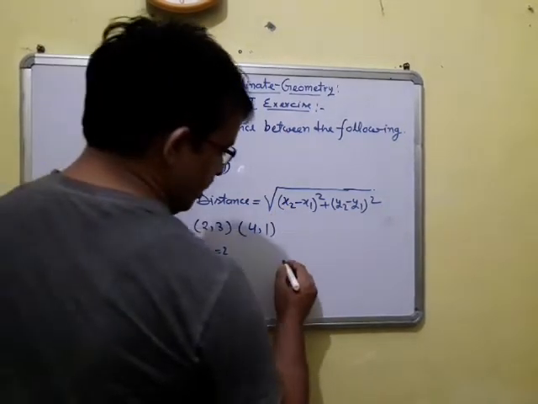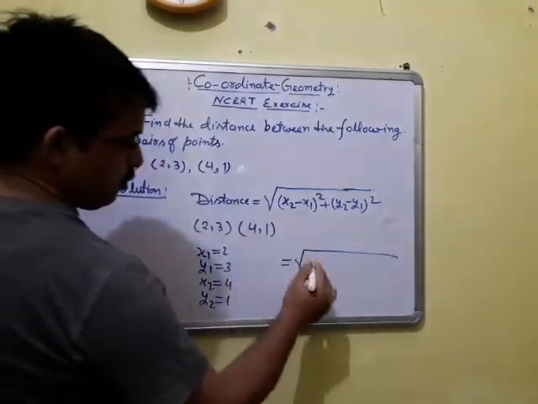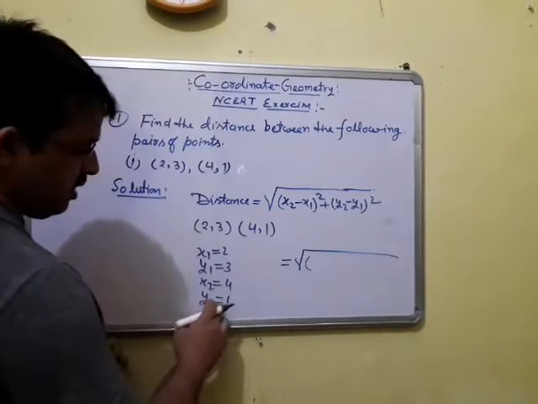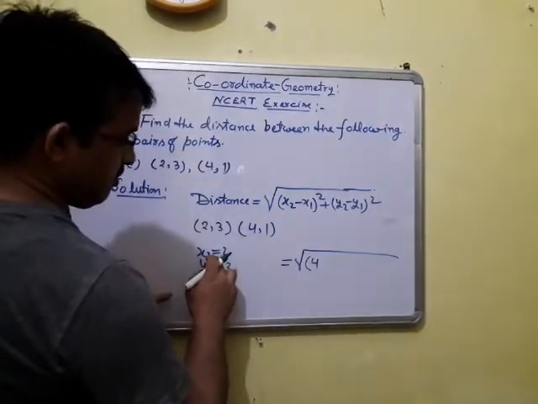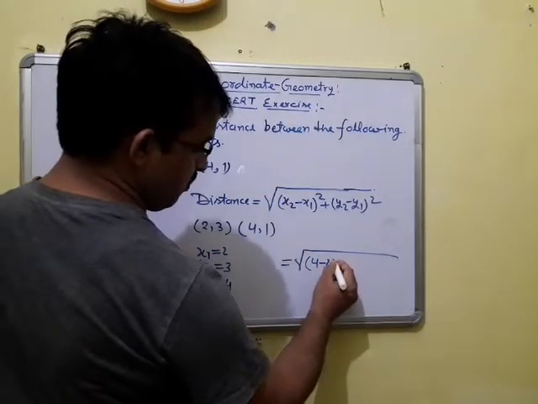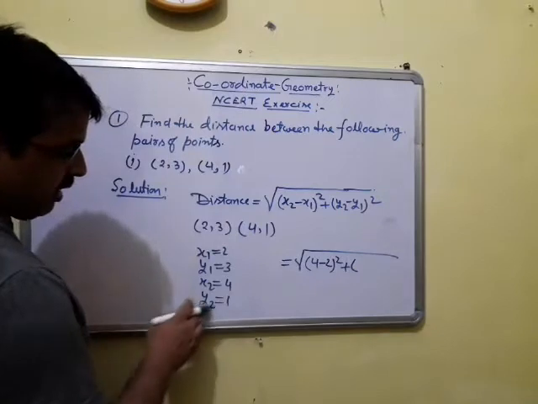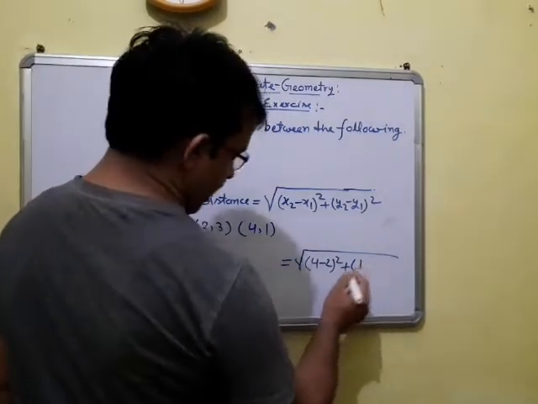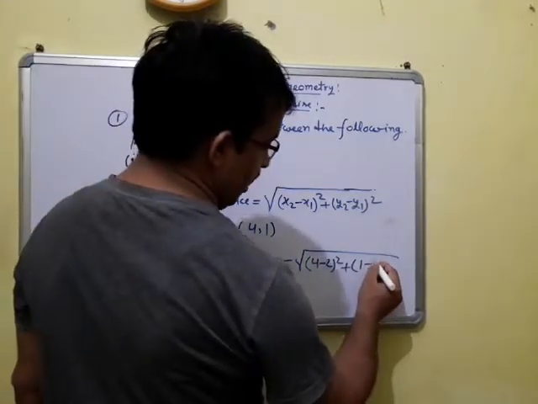Put these values in the equation: x2 is 4 and x1 is 2, whole square, plus y2 is 1 and y1 is 3.